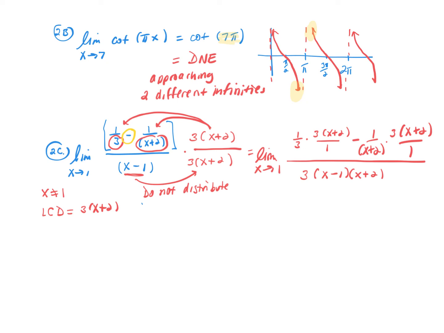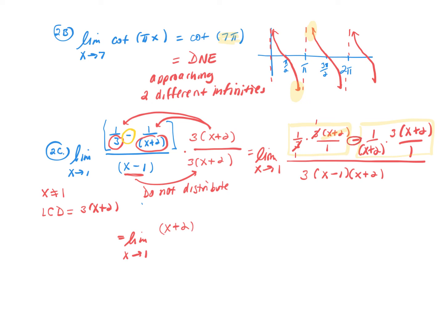Okay, so now we want to simplify. So you're going to simplify here and simplify here. That's the fun part. Cross off, I crossed off the wrong thing, of course. I'm going to cross off our factors that are going to reduce. Those 3's reduce. So what we're left with is the limit as x approaches 1 of x plus 2, and you can keep it in parentheses if you wish.